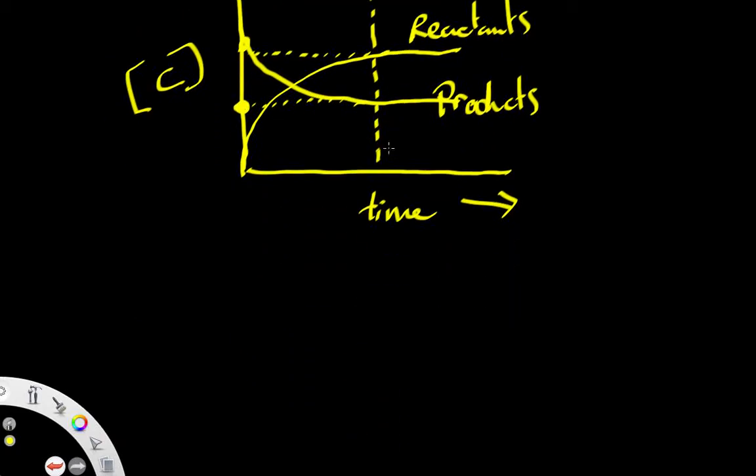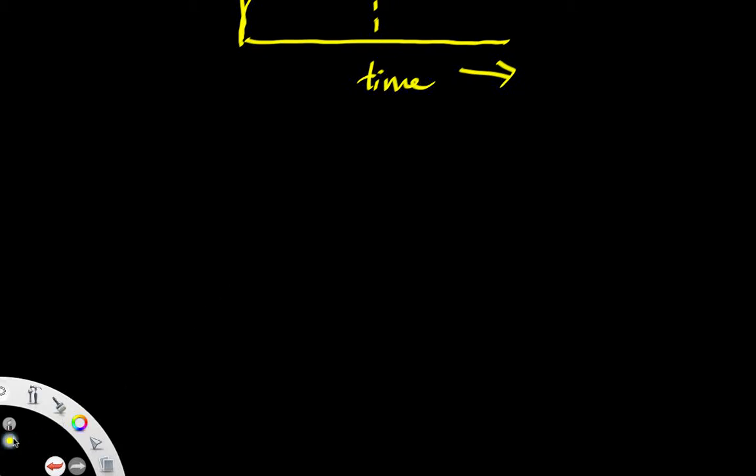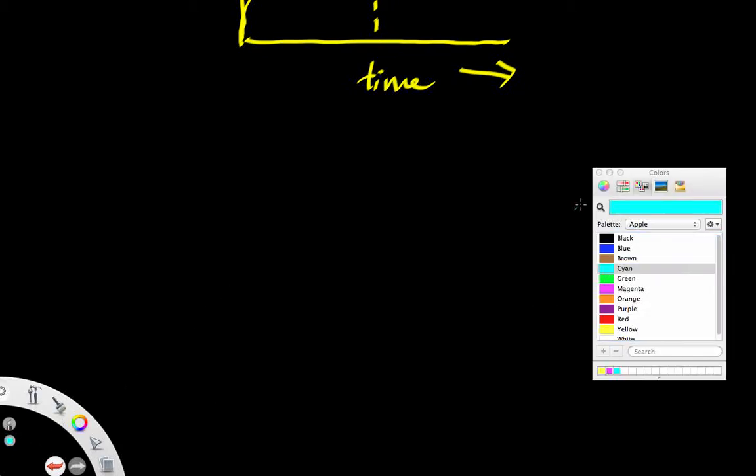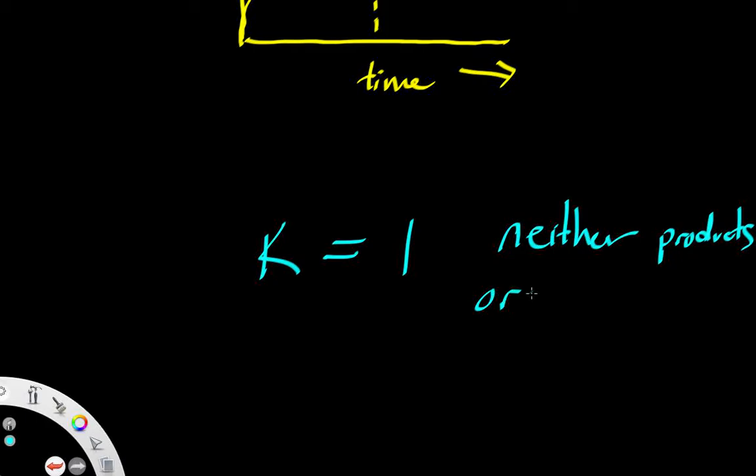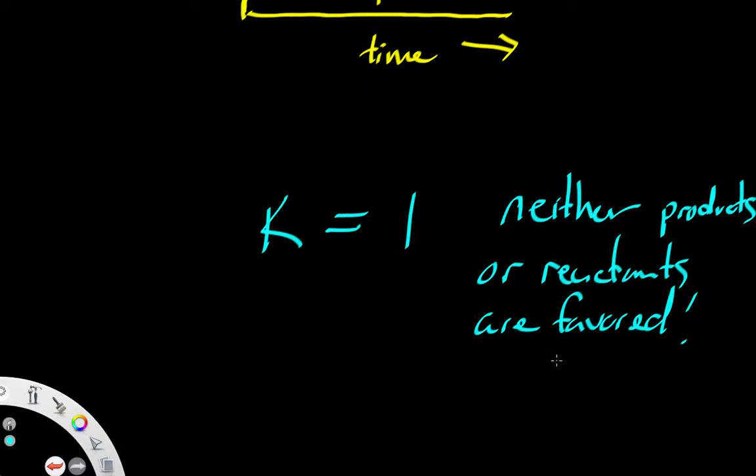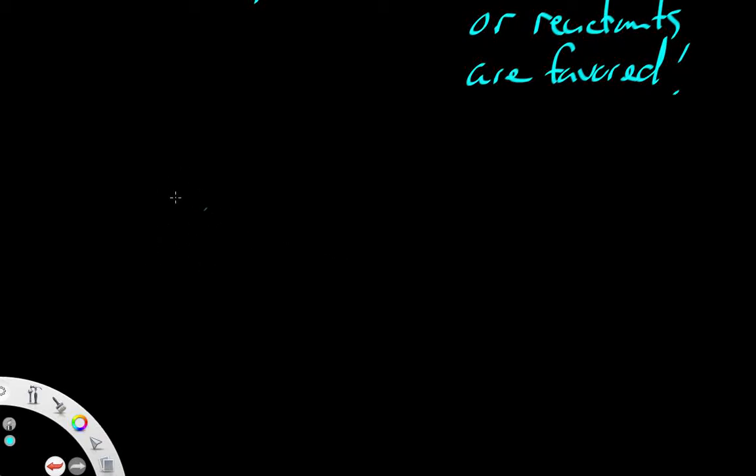So now the last thing I want to talk about is when we have a K value that is equal to 1. So if I have a K and it's going to be equal to 1, that's going to suggest that neither my products or reactants are going to be favored. And if we demonstrate that mathematically, we can say that K, once again, is products over reactants.